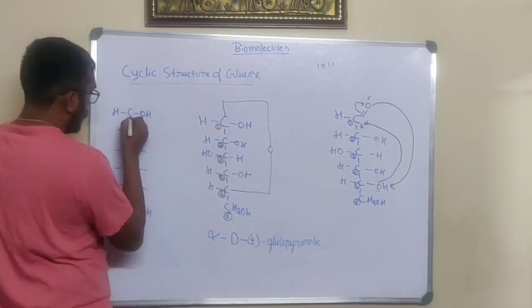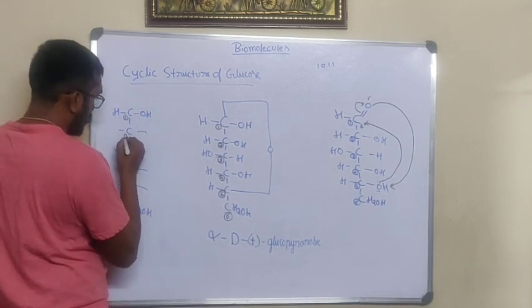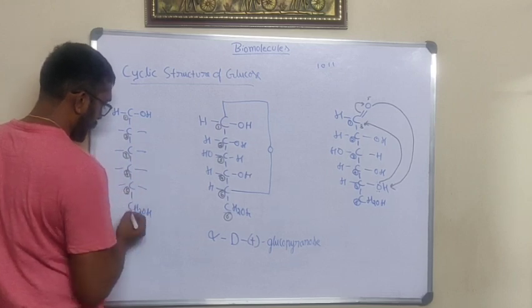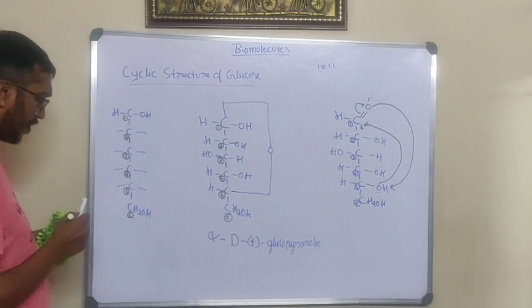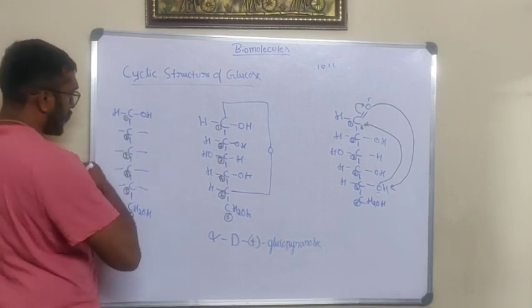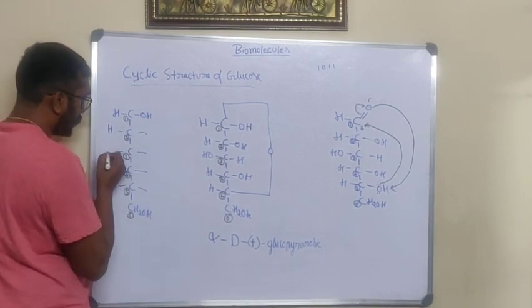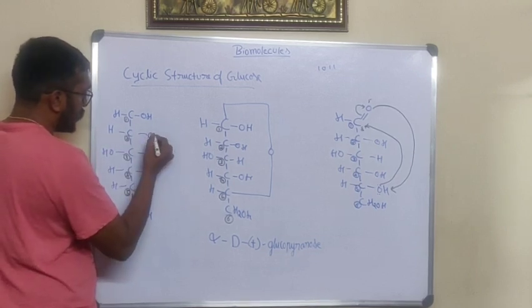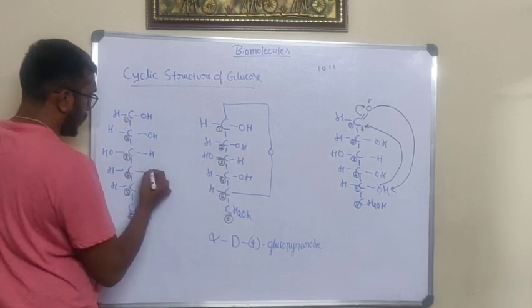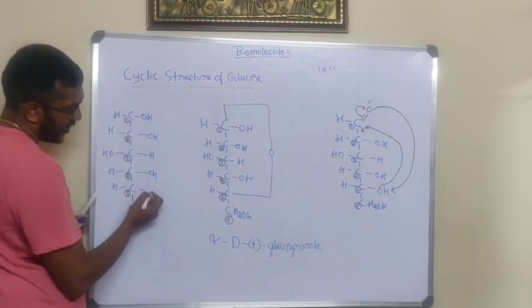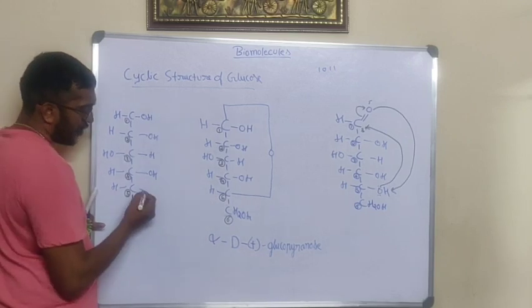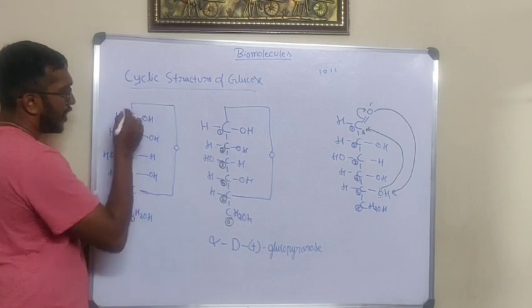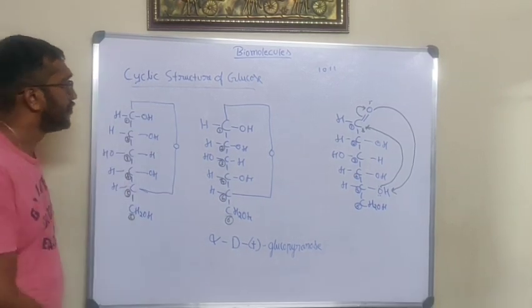Let me put numbers 1, 2, 3, 4, 5, and this is the 6th. So what is the formula? 1011 for glucose. H is on the right, OH is on the left, H is on the right, and H is on the right, OH on the left. So it is going to form a cyclic 6-member ring. So both are the same now.